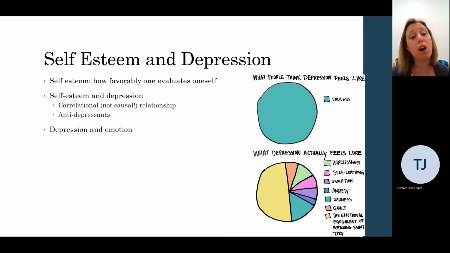When your book talked about depression and self-esteem, it actually said that people who are depressed have lower self-esteem, but it's not that they see themselves as terrible. It's just that they have more realistic self-appraisal, and people who aren't depressed generally have a rosy picture of themselves and see themselves as unrealistically positive.